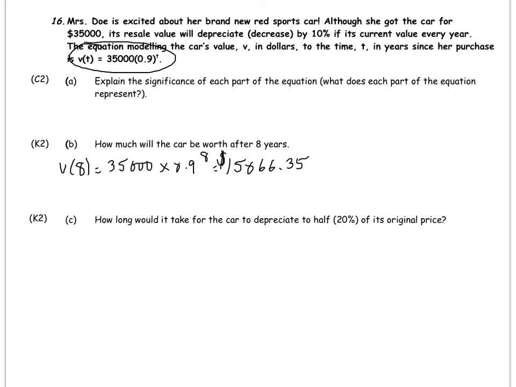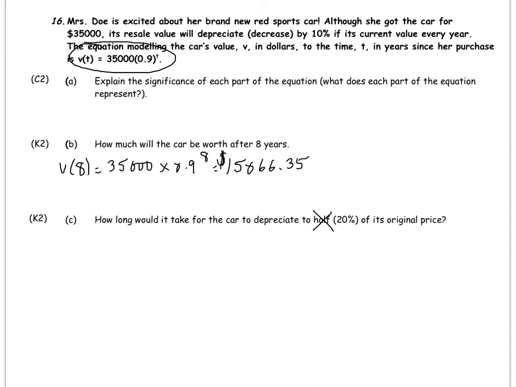The next part of the question asks, how long would it take for the car to depreciate to half of its value? Now, as I said, there was another typing mistake. This is not really half, this is 20%, so forget about the half here.